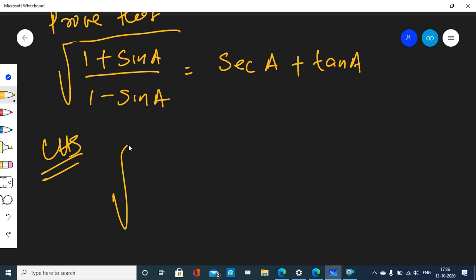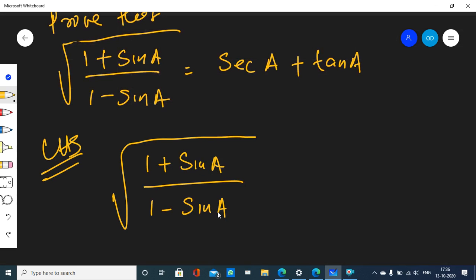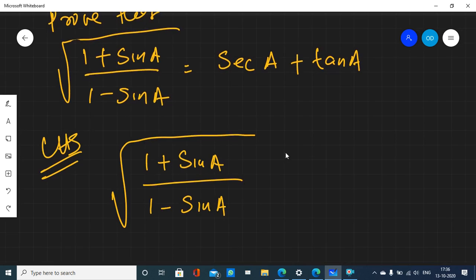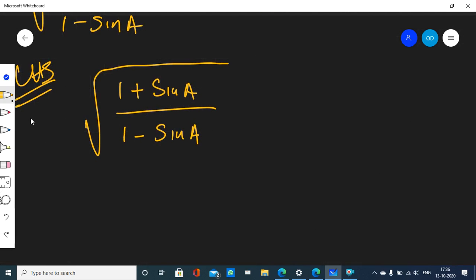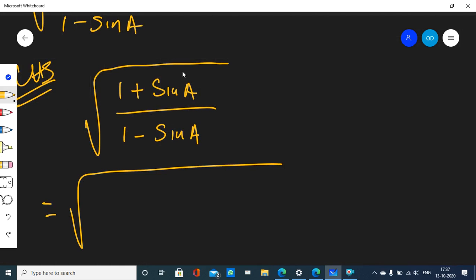Well, the left hand side says root over of 1 plus sin a by 1 minus sin a. Well, one thing comes to my mind. This is a fraction, you can see here, under root, 1 plus sin a by 1 minus sin a.